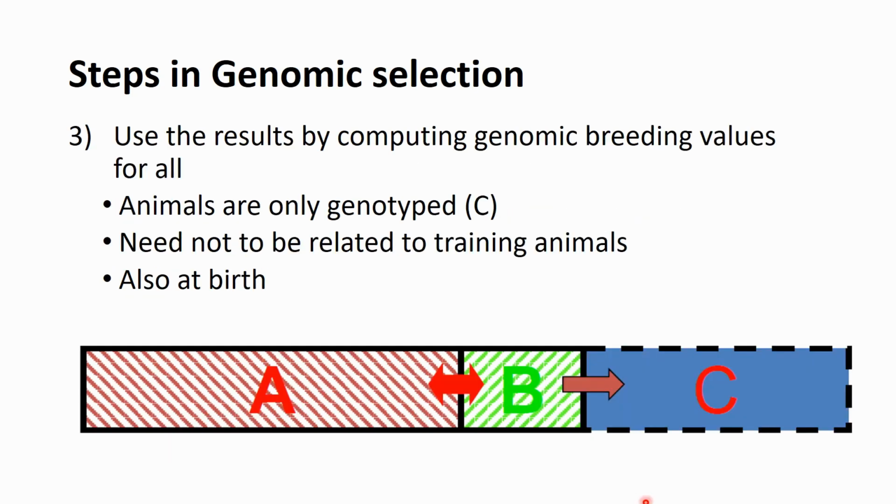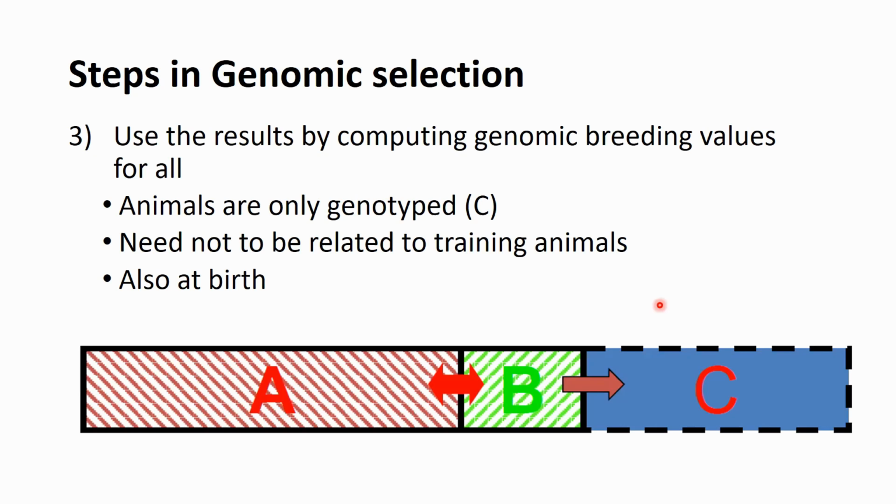And this is actually what happens because, of course, after some time, there are new calves born. So this is the part of the population C. And these individuals are only genotyped. So these are the young calves. And we actually have no idea about their breeding value for milk production, for example.